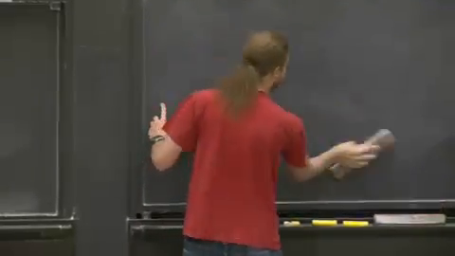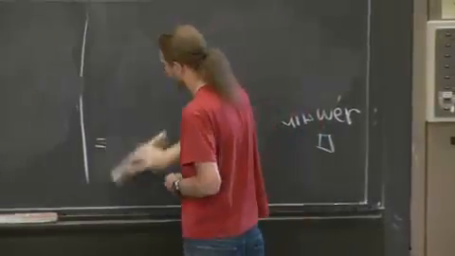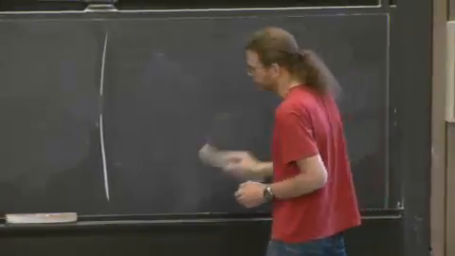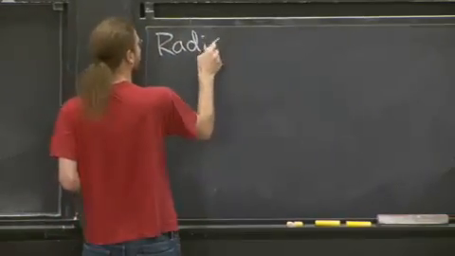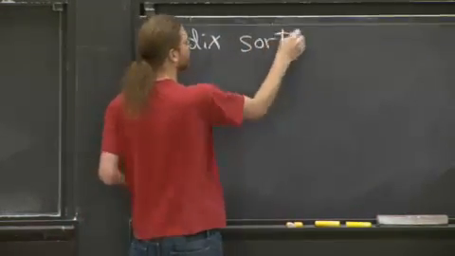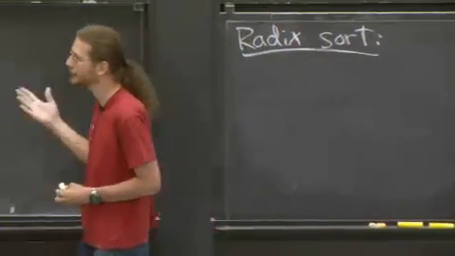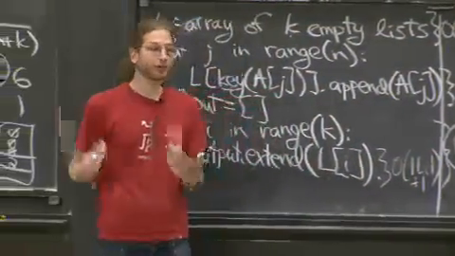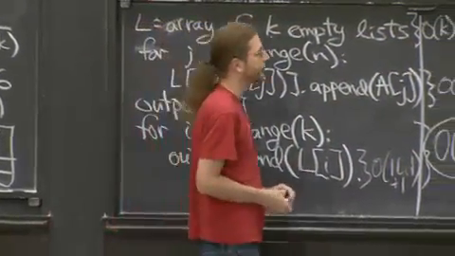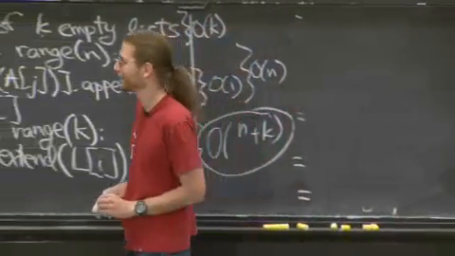And a much cooler algorithm is called radix sort. It's going to use counting sort as a subroutine, which is why I spent all this time on a mediocre algorithm. And it's going to get a much larger range of k, and it will still be linear time.